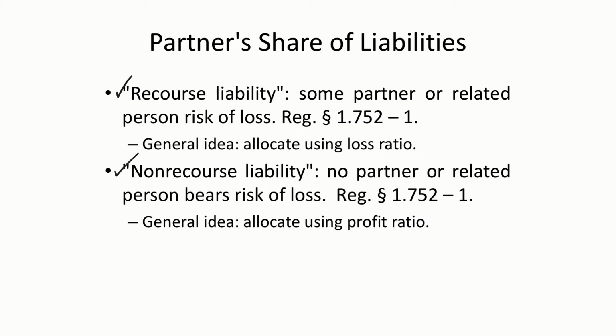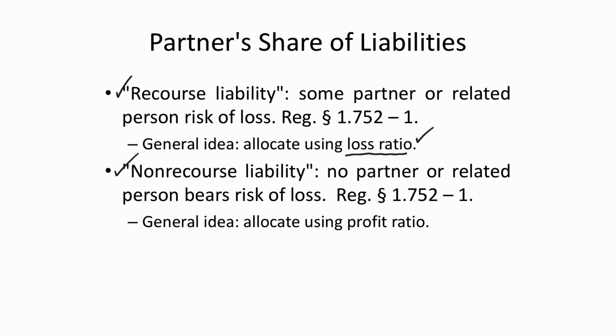So when it comes to allocating liabilities, there are advanced rules for this, but we're talking about the basic rules. The basic rule for recourse is we use the loss ratio. And the reason why is because if your business does bad, you still are responsible, so we want to see how you would allocate in a loss situation, so we use the loss ratios.